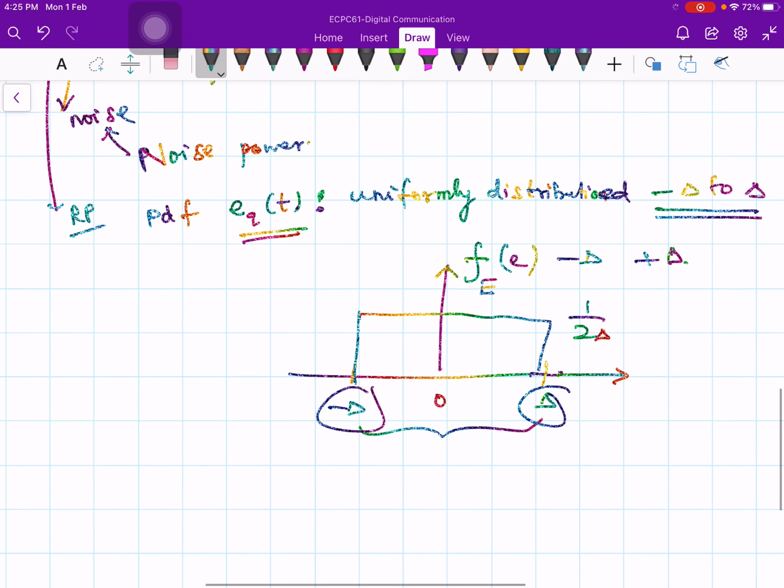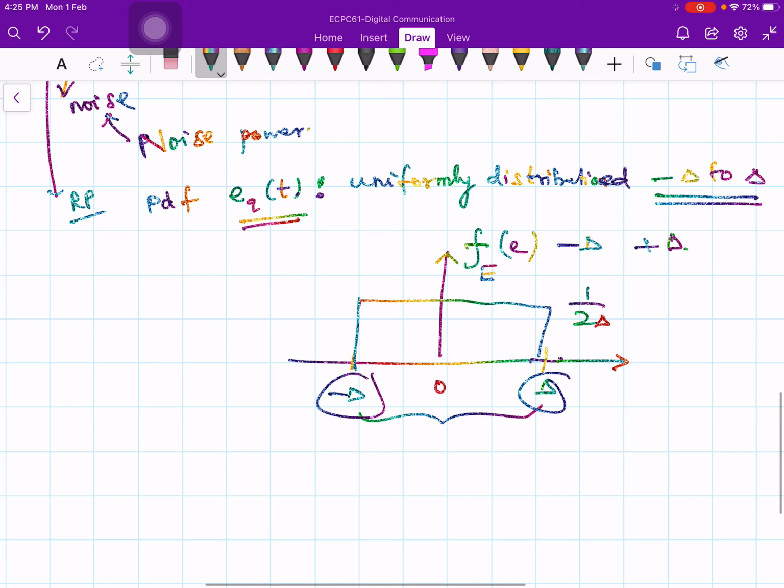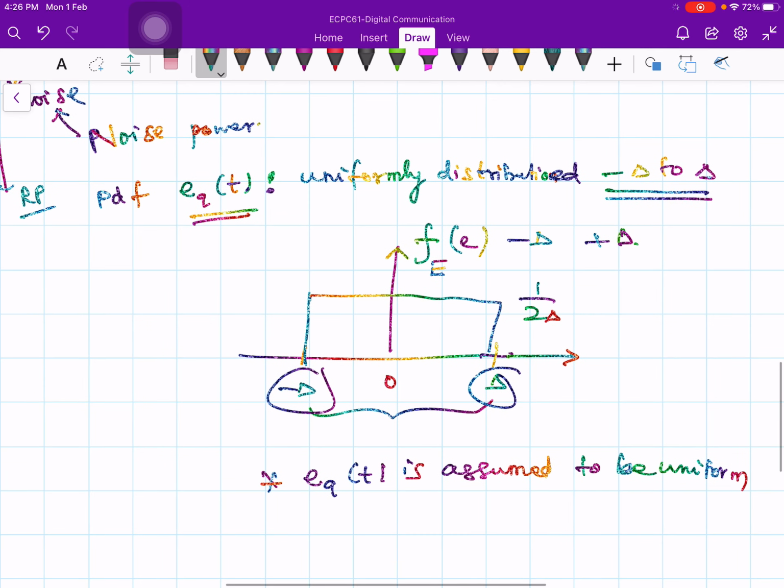And this assumption is supported by observation in practice for many kinds of signals. So the noise or error e_q(t) is assumed to be uniform over minus delta, plus delta.